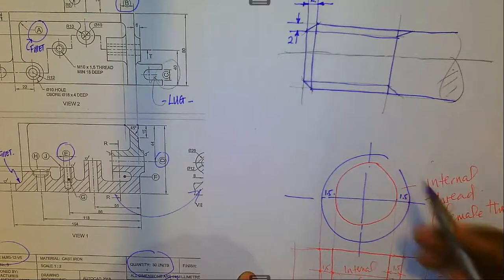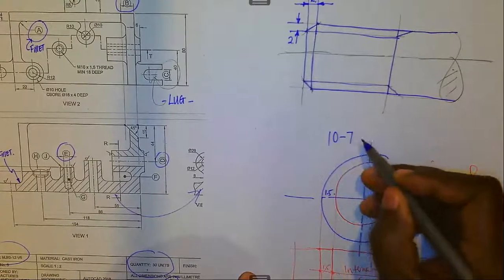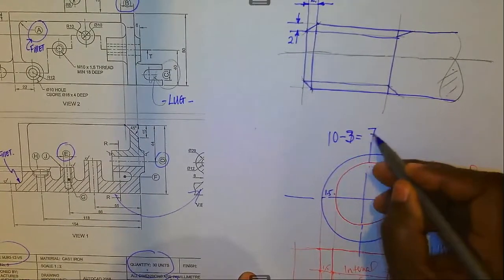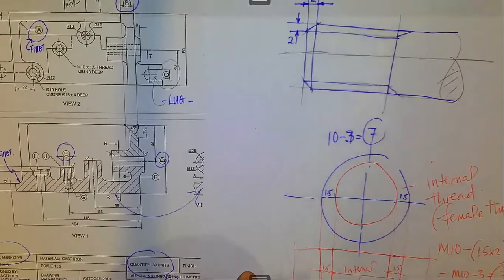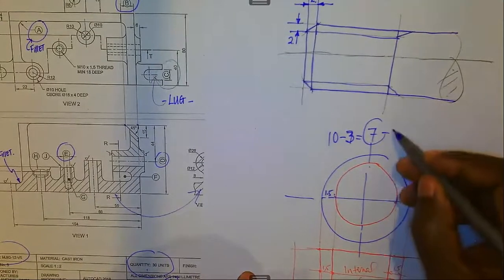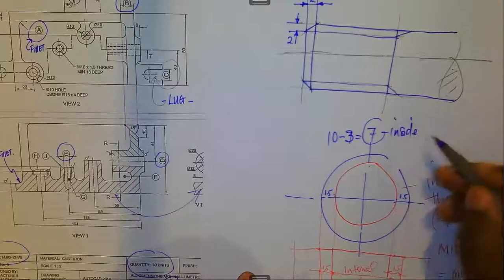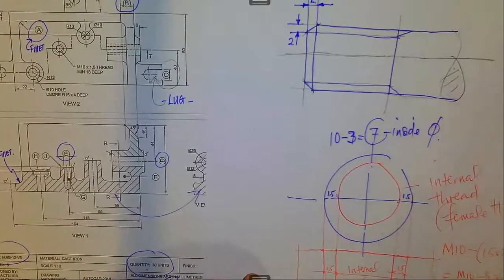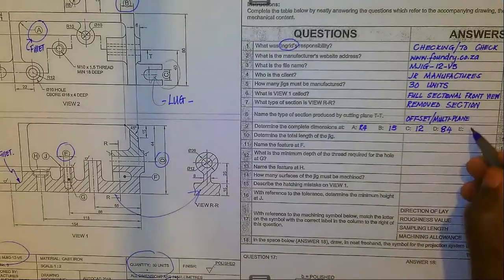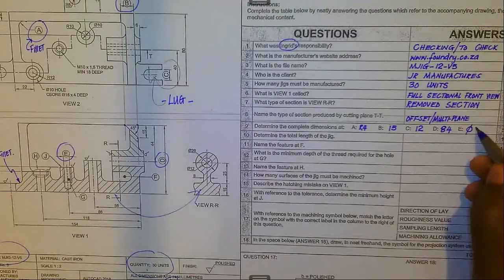You have 10 minus 3, which gives you 7, which is the inside diameter. So 7 is our inside diameter. You would write here, diameter 7.